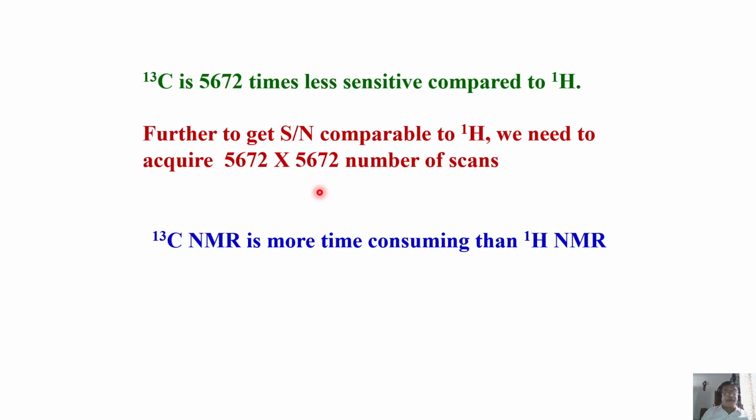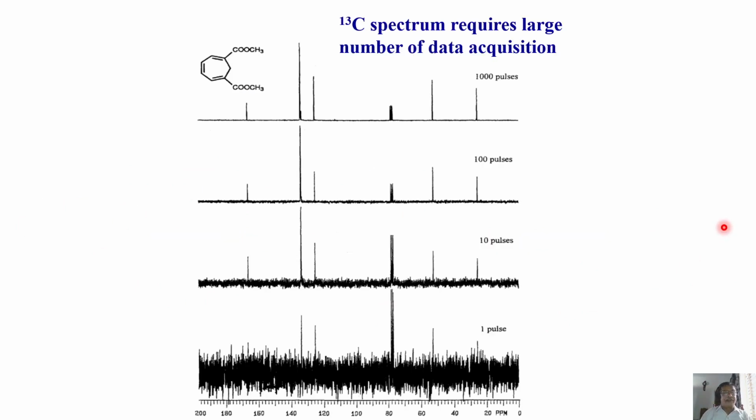Of course, further assuming various other parameters in NMR like relaxation, etc. are identical. If it is not, it is a different question again. So it doesn't matter. All this tells me the carbon-13 NMR is more time consuming than proton NMR. Understood the point?